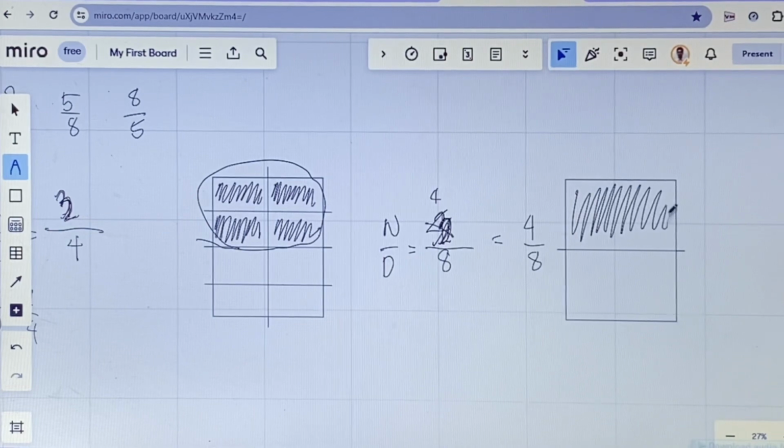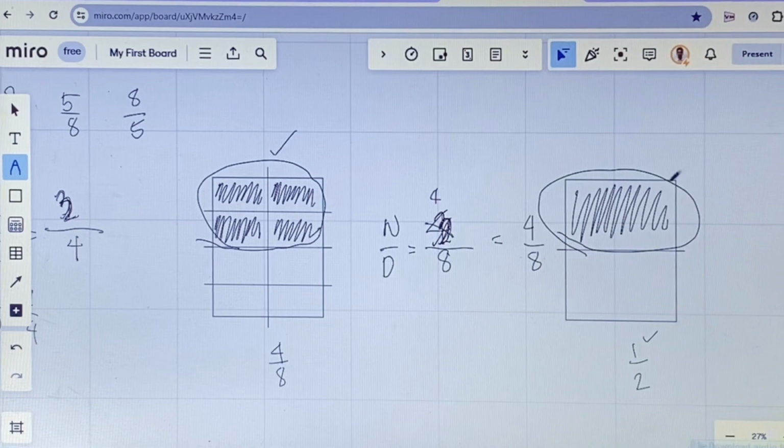Basically, this fraction is called 1/2. The other one is 4/8. But as you can see, 4/8 and 1/2 are equal, because the shaded parts are equal. It's just that the first drawing is divided into 8 equal parts and the second into 2 equal parts. But the shaded parts are equal. Okay, got it?